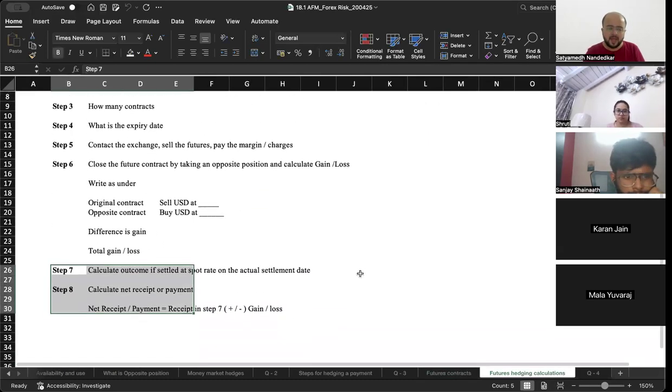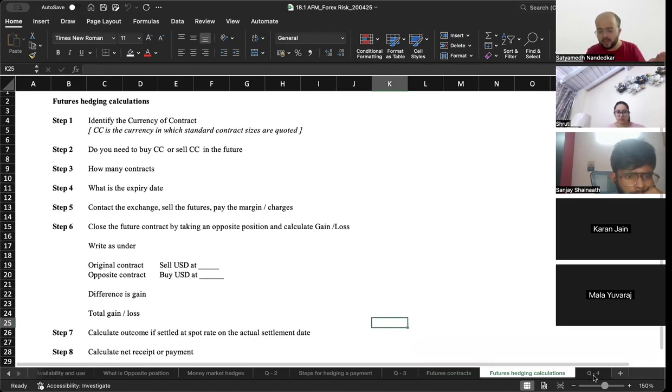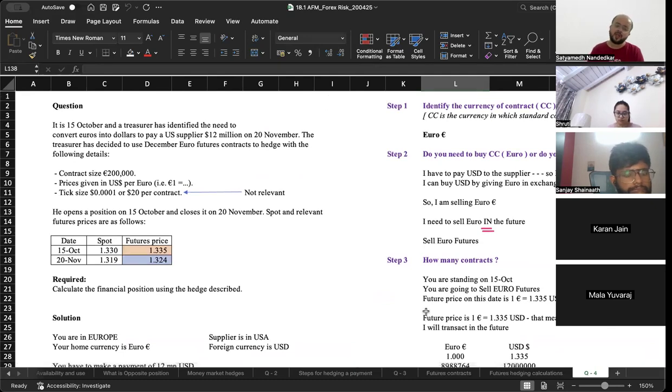Now, these are 8 steps that you need to follow in the futures hedging, but we'll not look at the steps. We'll first of all look at the question. It is 15th October. Let's have a look at the question once.